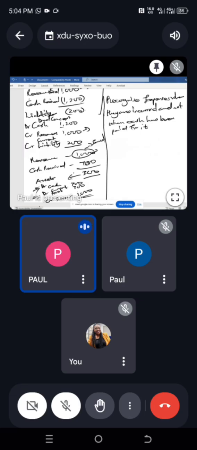Okay. Now, the same happens to expenses. I said recognize expenses when they are incurred. I told you that expense is a cost that has been what? Consumed.